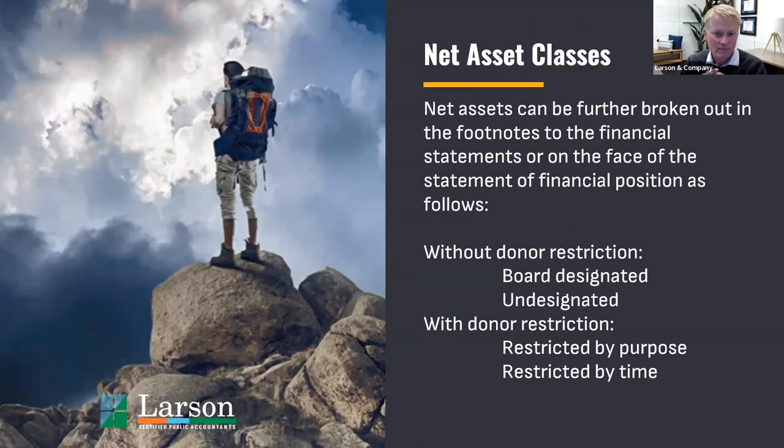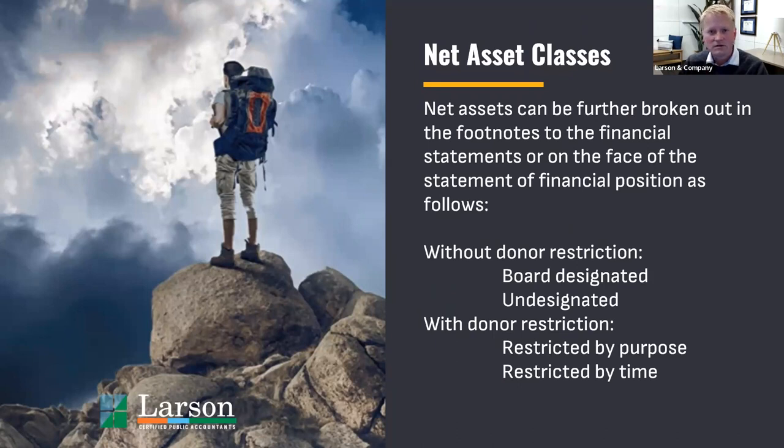They're considered to be with donor restrictions in the sense that you can't spend them until they provide the funds to you. So it has that time restriction to it. If you do not break these out on the statement of financial position, you do need to disclose these in the footnotes. It's your choice as to whether you do that here or in the footnotes.